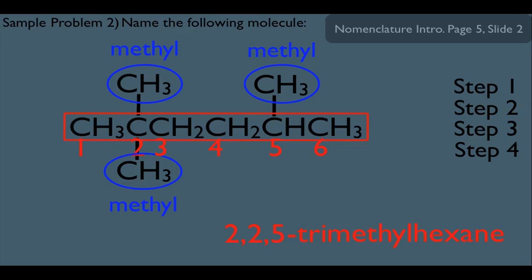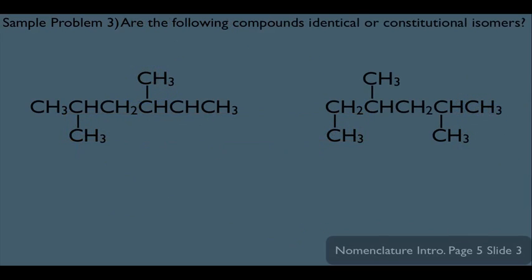So the name of this molecule is 2,2,5-trimethylhexane. Now, let me show you another problem, and we're going to see how nomenclature can help us answer this. For instance, this problem says, are the following compounds identical or constitutional isomers?